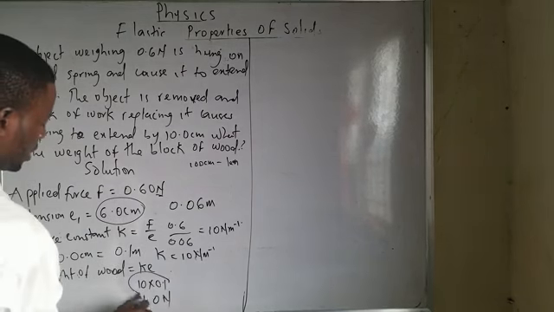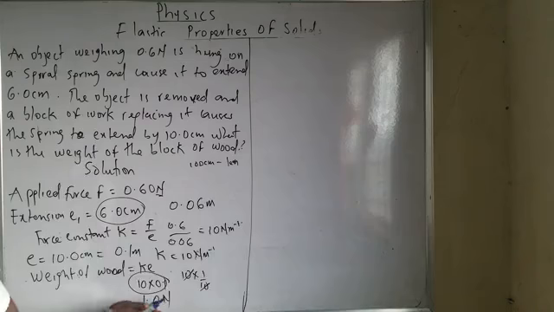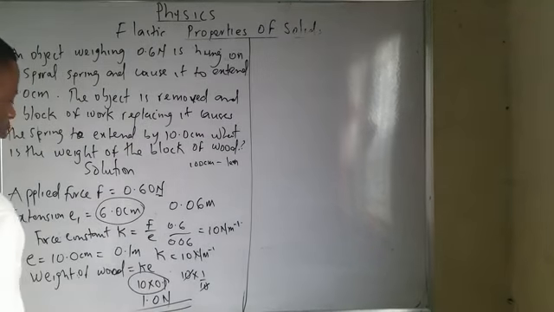Hope you know this will give us 10 multiplied by 1 all over 10, which is equal to 1.0 Newton. That is my answer, 1.0 Newton. Now we can see that is how it goes.